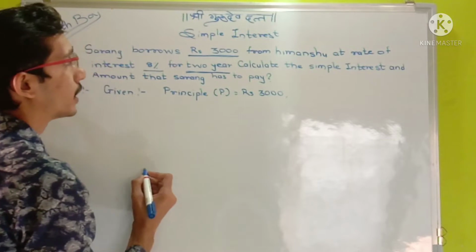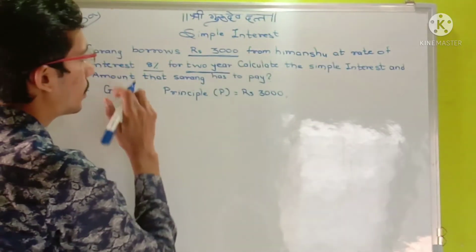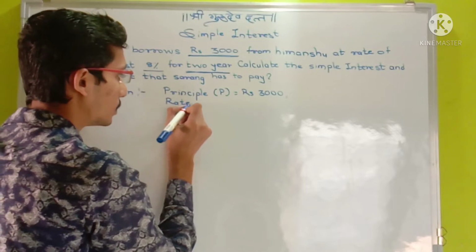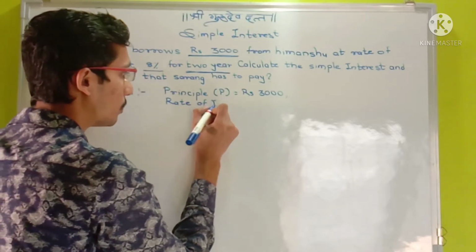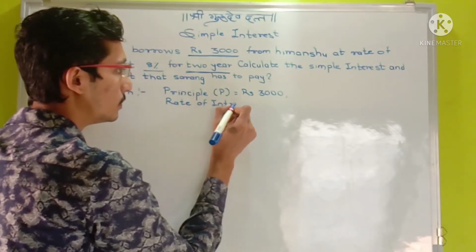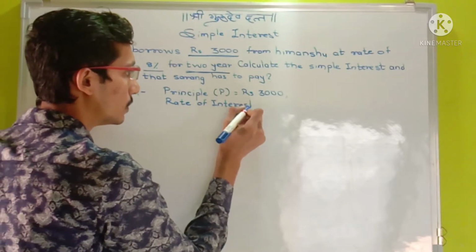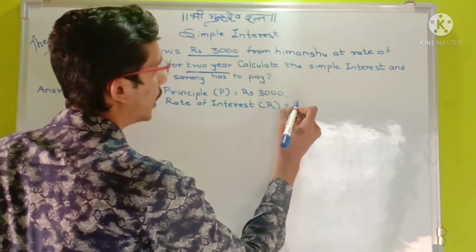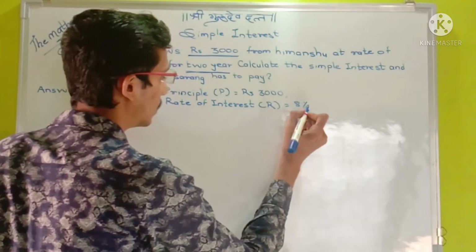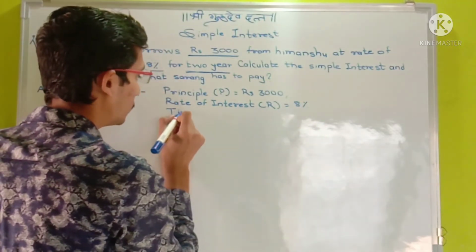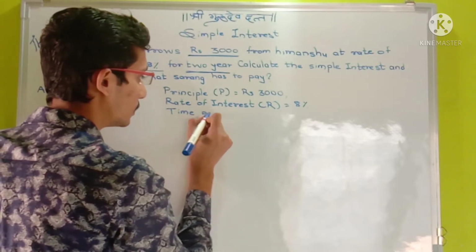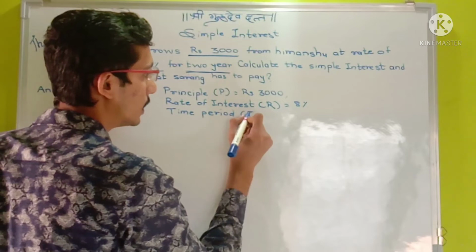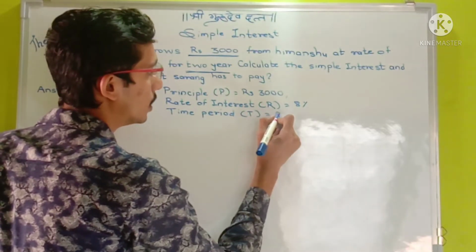Second, rate of interest R equals 8%, and time period T equals 2 years.